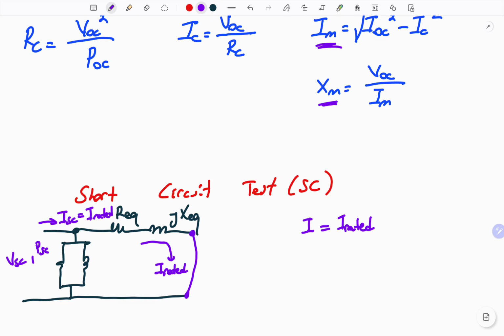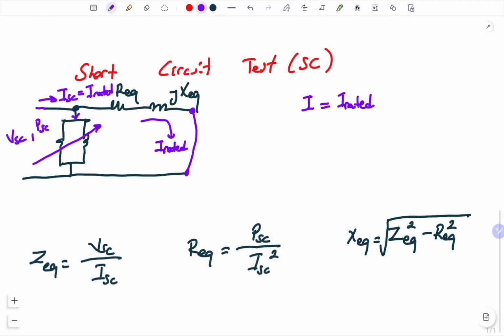When we obtained the approximate equivalent circuit, we mentioned that the current flowing through the excitation branch is very small when we compare it with the remaining part. Because of this, this small current can be eliminated during this test for the calculations, and we can determine the values of R equivalent and X equivalent, because our circuit has a voltage source, and a resistance and reactance in series connection, then we return back to the source.